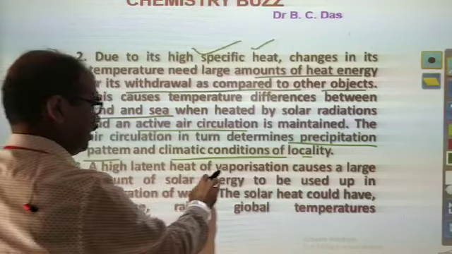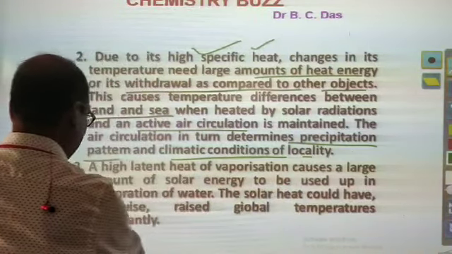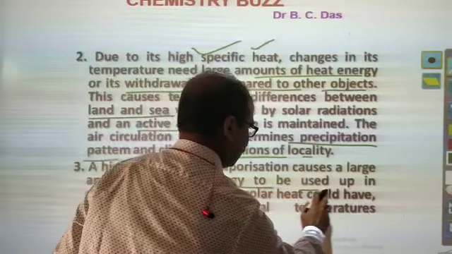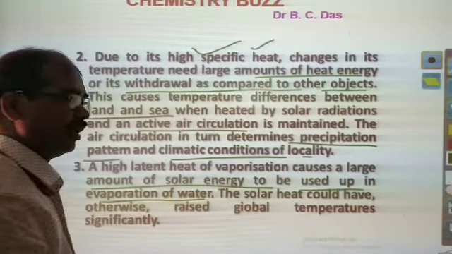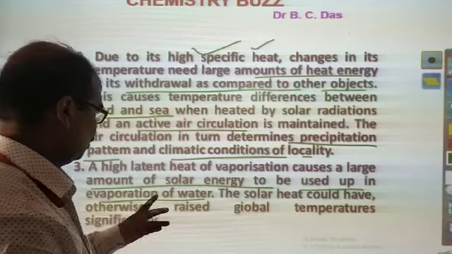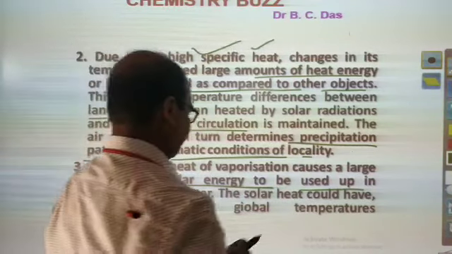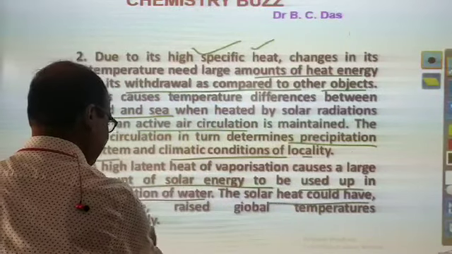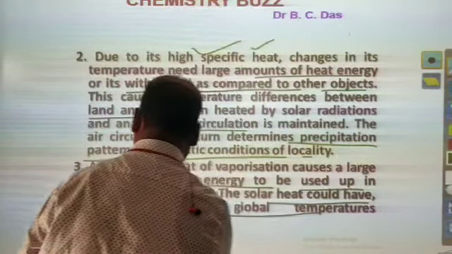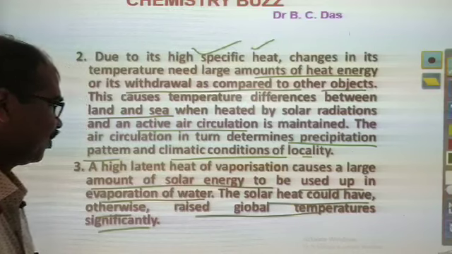The high latent heat of vaporization causes a large amount of solar energy to be used up in the evaporation of water. So a large amount of solar energy is used up for evaporation of water. The solar heat could have otherwise raised the global temperature significantly.